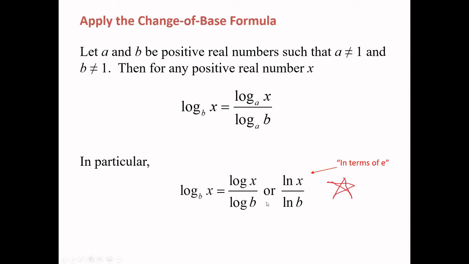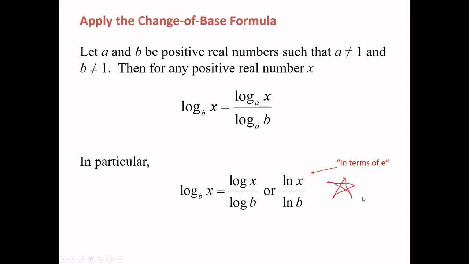Now, in an awful lot of final tests, they've given you a question where they put in some numbers for the b and the x, or numbers and letters. And then they ask you to give the answer in terms of natural log or in terms of E. Well, all they're wanting you to do is, instead of using log, they're wanting you to use natural log of x over b.